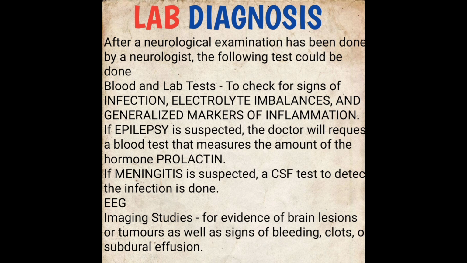If epilepsy is suspected, the doctor will require the blood test that measures the amount of the hormone prolactin. So the blood test is also useful to confirm if it is epilepsy.